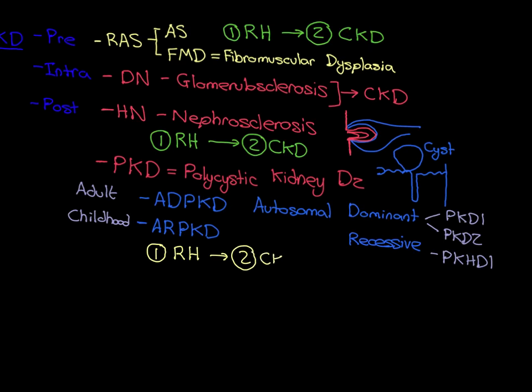And let me explain why. So as more and more cysts form within your kidneys, the cysts are not problematic for the nephron. The nephron can continue functioning despite the cyst being here. The problem is that the more cysts that form in the kidneys, the higher the pressure is going to be inside the kidneys.